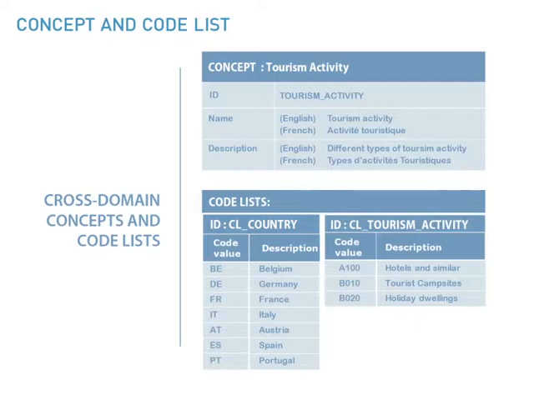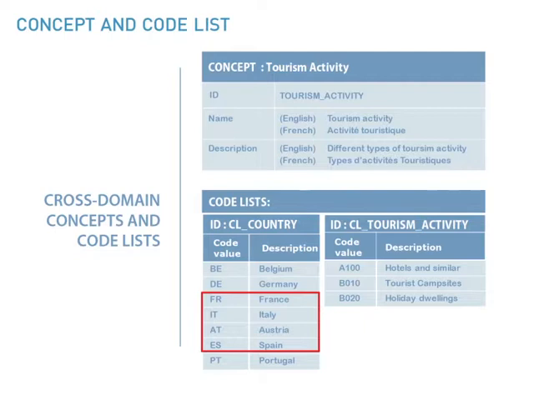From SDMX 2.1, partial code lists can also be exchanged. The content of the partial code list is specified on a constraint. This enables using common, and often quite large, code lists in multiple DSDs and then constraining their content for use in a specific DSD.